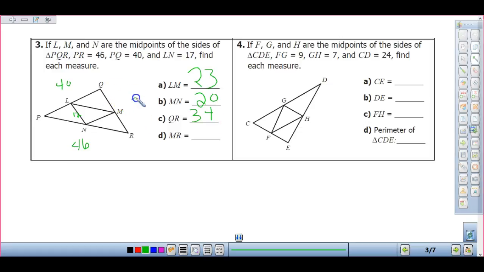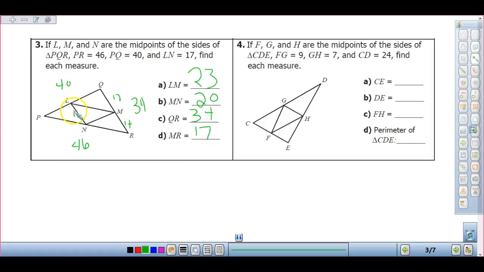And then if QR, if this whole thing is 34, remember that M is a midpoint right here, so this is going to split this into 2. So this is going to be 17, and this is going to be 17. So MR is going to give us 17 right there.